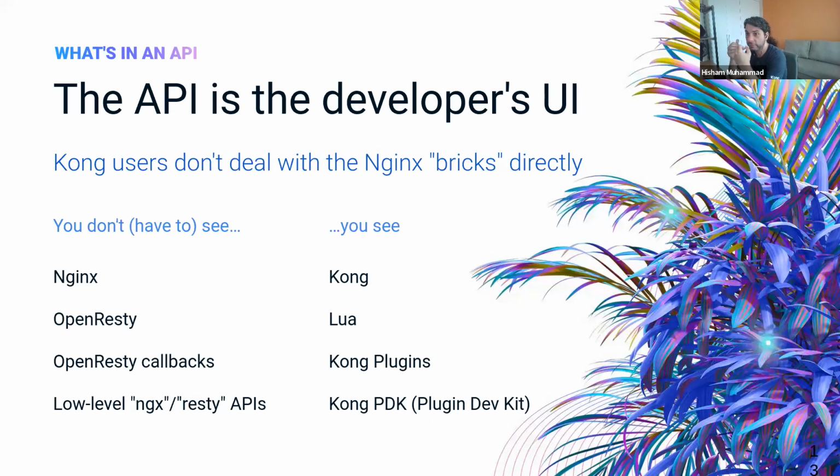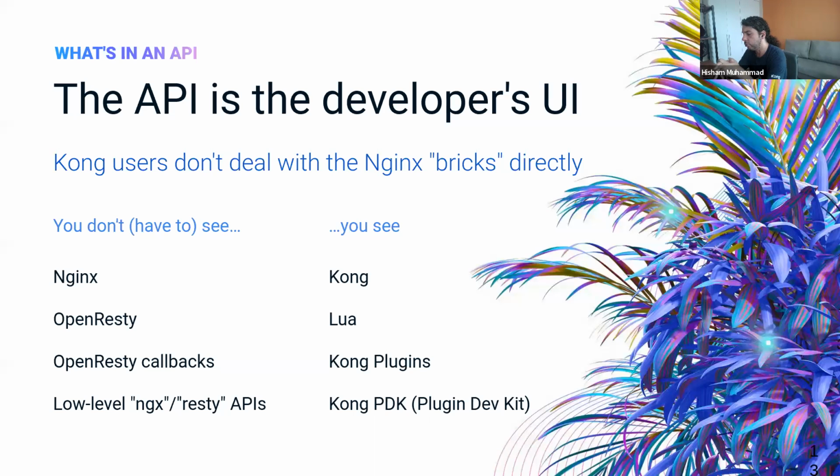You don't have to look at it as an Nginx instance. You can look at it and see a Kong instance which has its own Kong configuration, which does everything that it needs. And at the same time, you don't have to go deep into OpenResty in order to be effective using Kong, but you can still just look at it and see, okay, these are Kong Lua plugins, right?